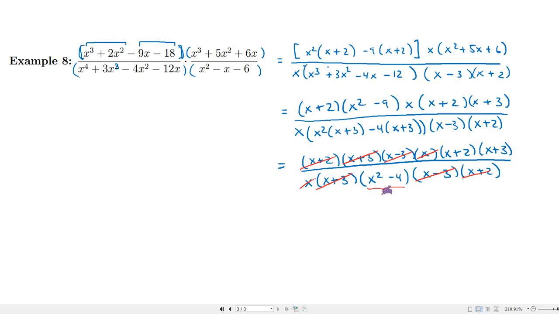Just to avoid writing it out, what is this? This is actually x minus 2, x plus 2, right? So that x plus 2 will reduce that x plus 2, and we'll be left with the x minus 2 and the x plus 3. So in the end, we have x plus 3, and then that x minus 2 that's left over here.